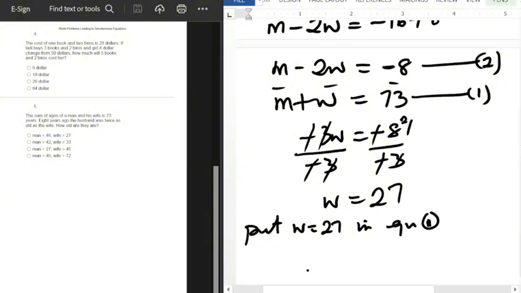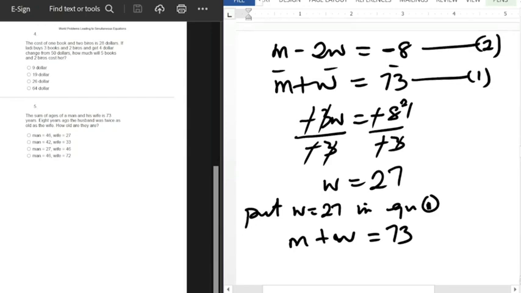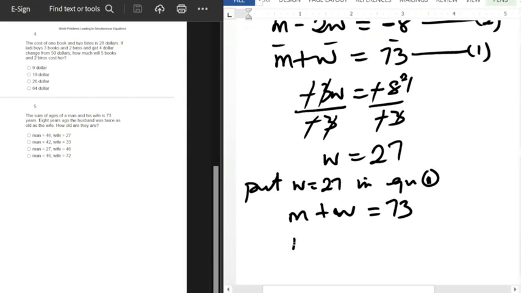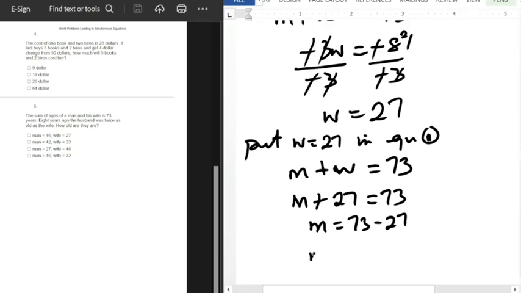We can then substitute W equals 27 in equation 1. Equation 1 is M plus W equals 73, right? That means M plus 27 equals 73. That is M equals 73 minus 27.